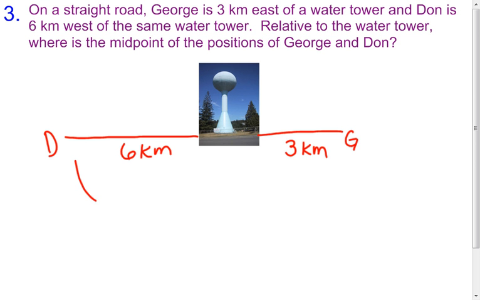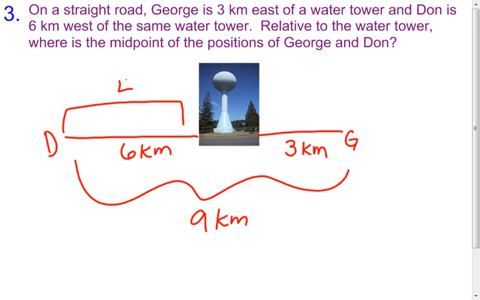Well, clearly, that total distance is 9 kilometers, and I'm ignoring the water tower right now. Half of 9 is 4.5, so I know the halfway point will be 4.5 kilometers from either end. So 4.5 kilometers this way, or 4.5 kilometers this way, and this is not to scale, so I apologize. But the midpoint is going to be somewhere in here.